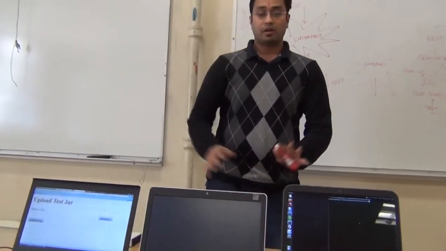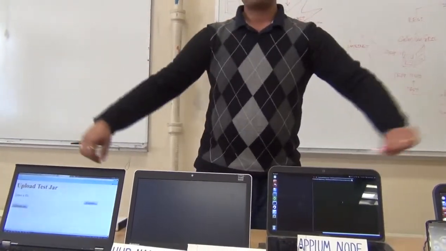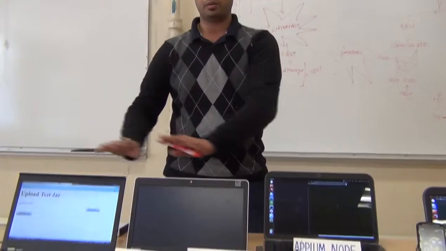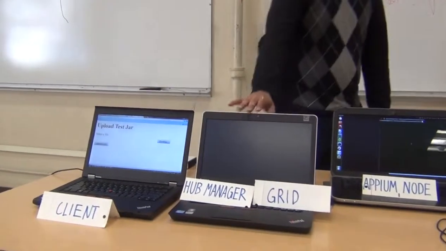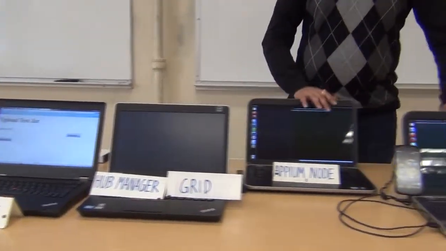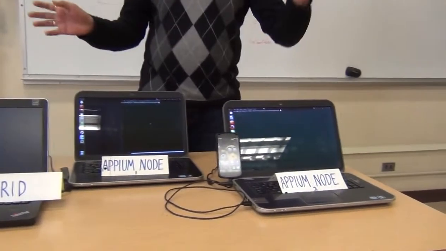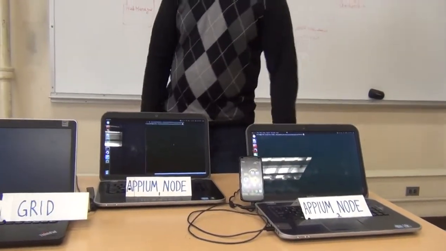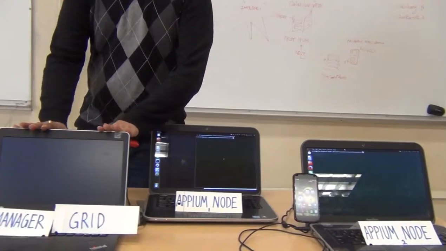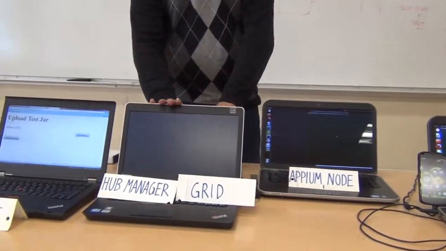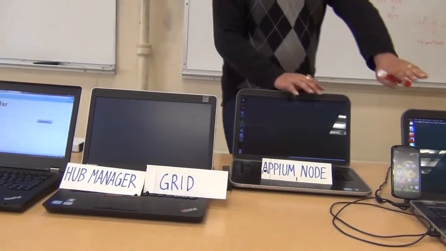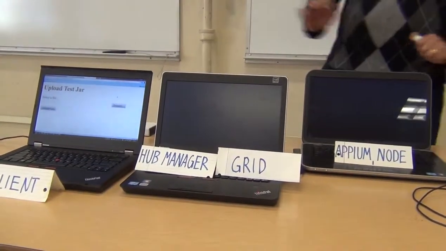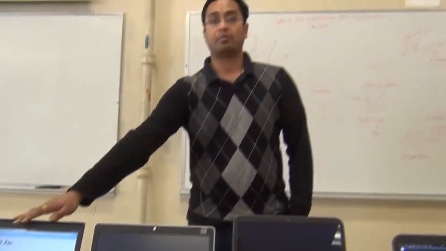In real terms, these will all be on remote machines. The automation server will be different, the Hub Manager different, and the Selenium Grid different. Similarly, the Appium nodes can be two different machines running on different instances. Scalability has been achieved on the Hub Manager side, the Grid side, as well as the Appium node side. So to start with the demo, we will show from the automation server client.